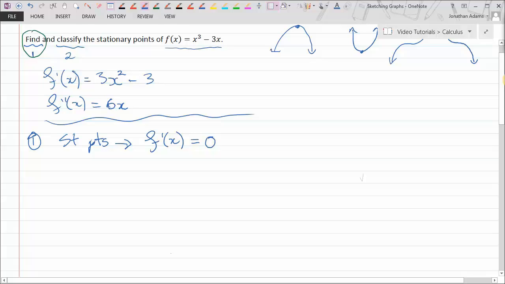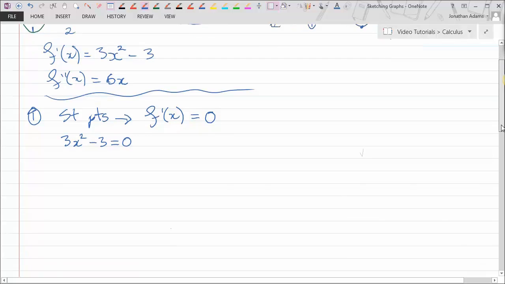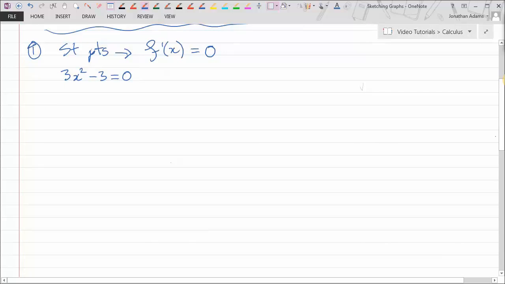So we're going to take our first derivative, which we said was 3x squared minus 3, and set it equal to 0. To find the answer, we need to solve for x. I'm going to try and get the x on its own. To do that, I'm going to take minus 3 across to the other side, so I add it to the other side and get a positive 3.